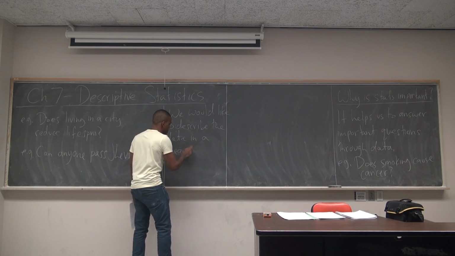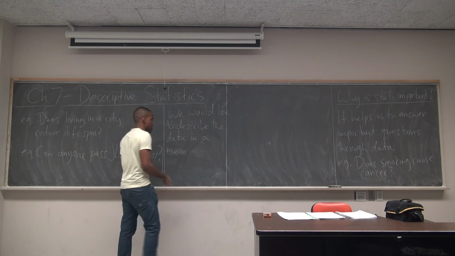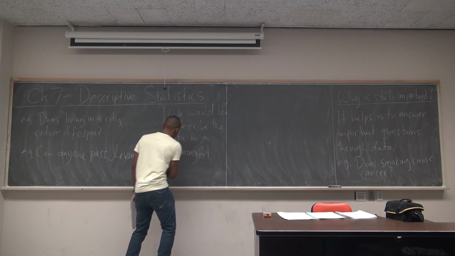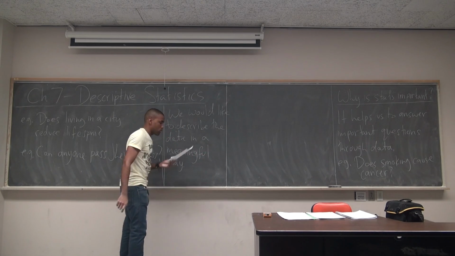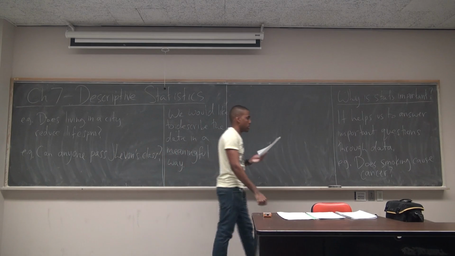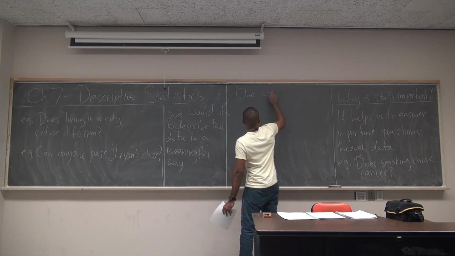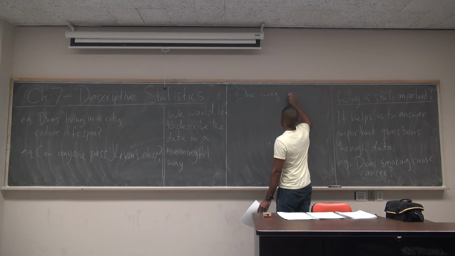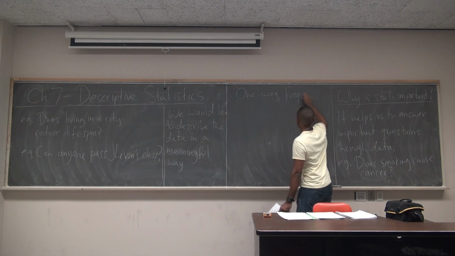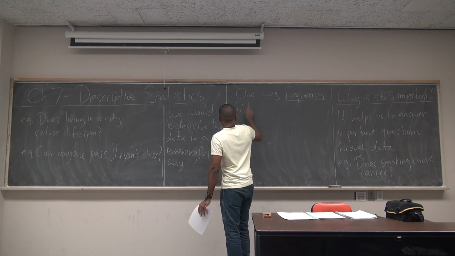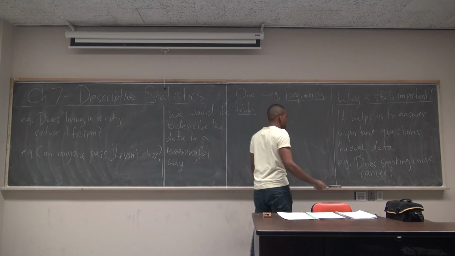Someone should be able to look at your data and be able to tell something about it by the way you describe it. So what are some meaningful ways? One way is called a frequency table. This is one way to analyze data that gives you some information.